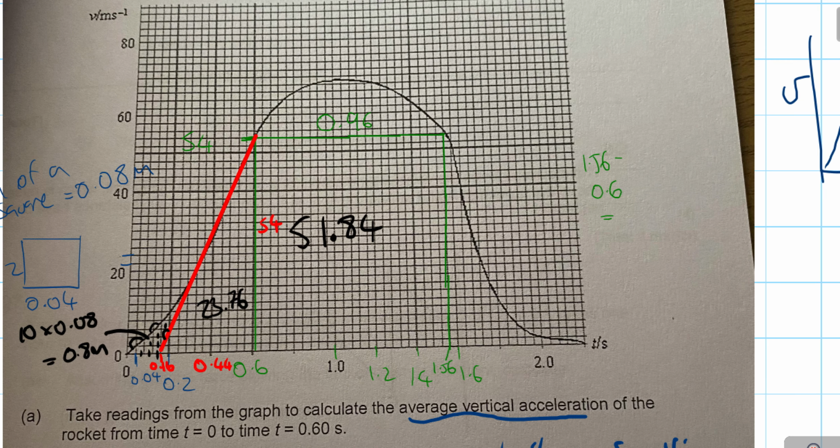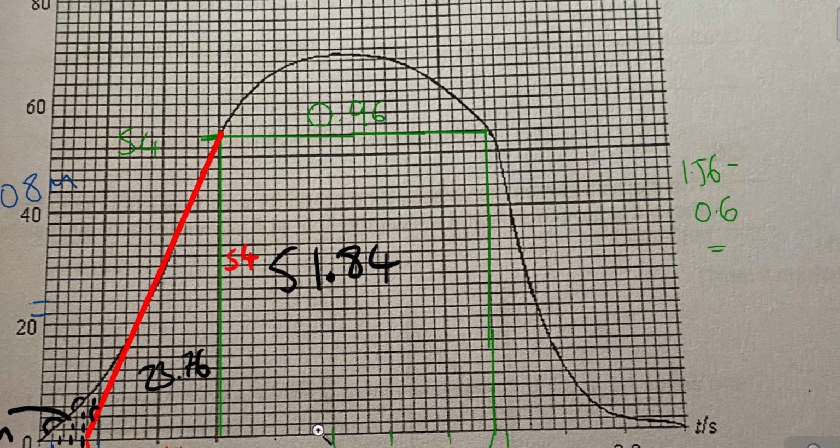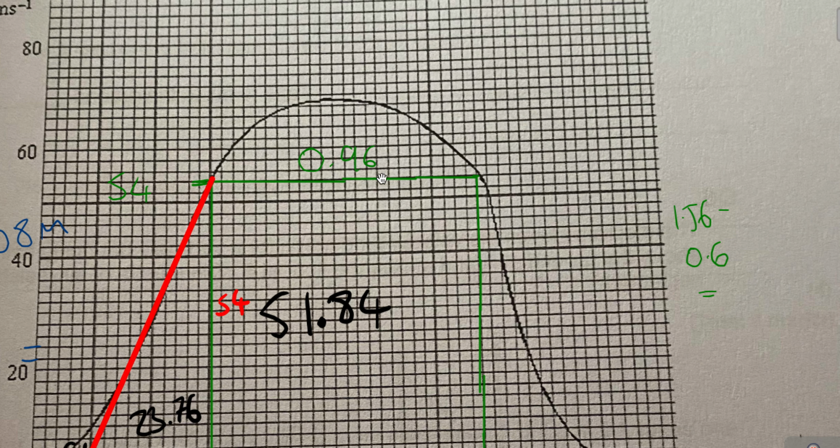Then we've got the top. So the top, again, it does depend on how much time you have. The less time you have in the exam, the more you might have to cut your values down a little bit just to get an area. So for this bit here, again, we've got another rectangle. We can do two. Oh yeah, so we could do a triangle here to here.